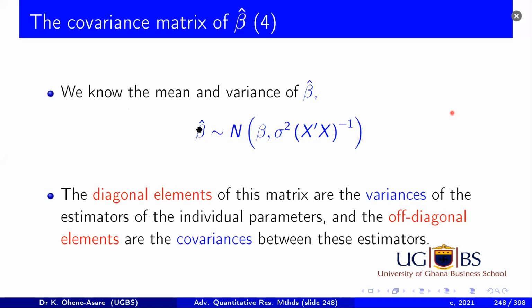First of all, note that the beta cap is normally distributed, and its expected value is supposed to be beta. We proved this, and now we've been able to prove that the variance is equal to that. So you have the variances on the diagonals, and then you have the covariances on the off diagonals.